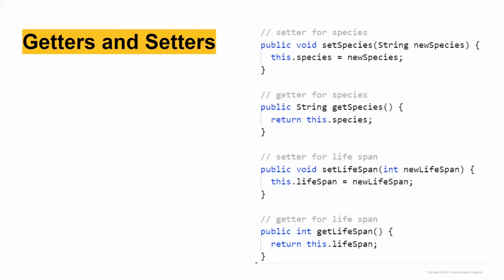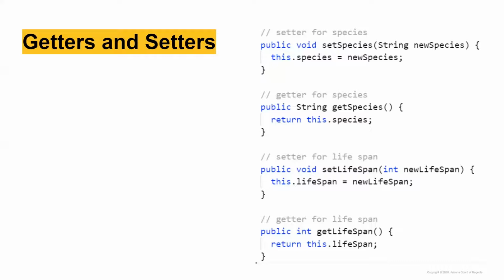So this.species, or in other words, the species of the current object, is being set to the new species that's being passed into this method. And since these methods are within the class, we are able to edit that information, which is why we need a setter. So the getter, similarly, public String getSpecies, is just going to return this.species, the species of this object. Pretty straightforward.